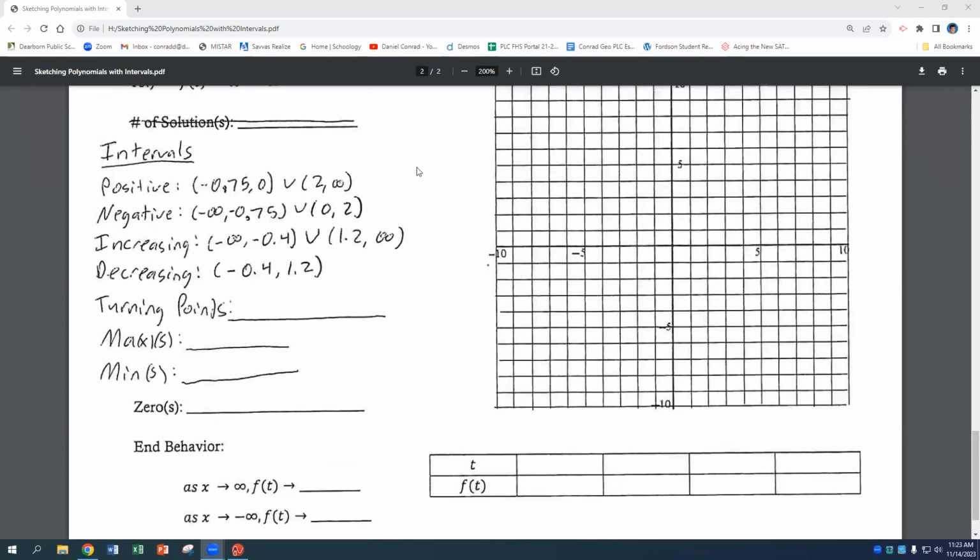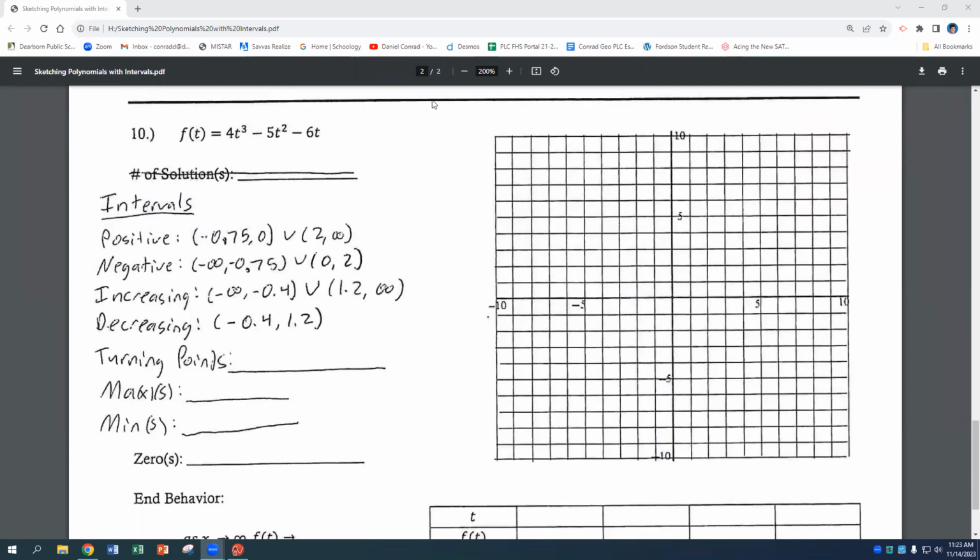Last one here. We have negative 0.75, 0, and 2. Those should be my x-intercepts, using the positive and negative intervals, wherever it changes from positive to negative or negative to positive.